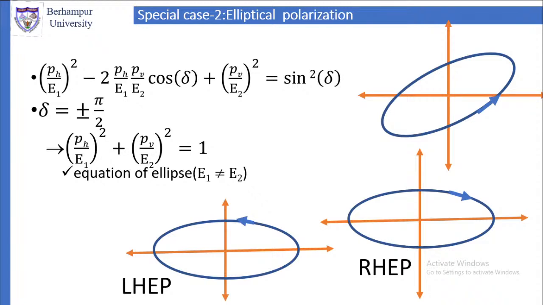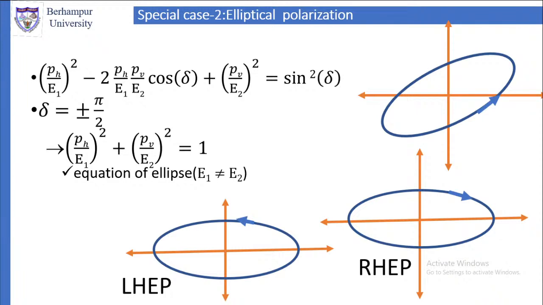We call it left-handed elliptical polarization when the wave is receding, which means it is moving away from us. We are looking at the wave. The wave is going away from us and the tip is moving in the anti-clockwise direction. In that case, we call it left-hand elliptical polarization.